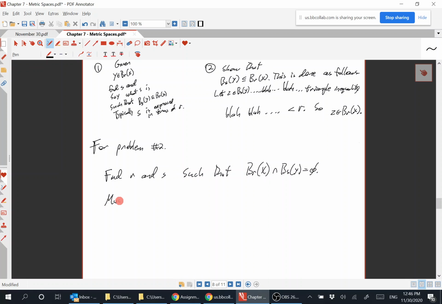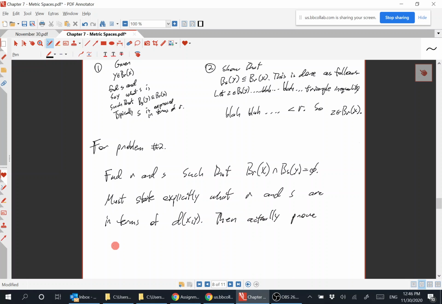So you must state explicitly what R and S are in terms of d(X,Y), the distance from X to Y. Then actually prove that B_R(X) intersect B_S(Y) is the empty set.